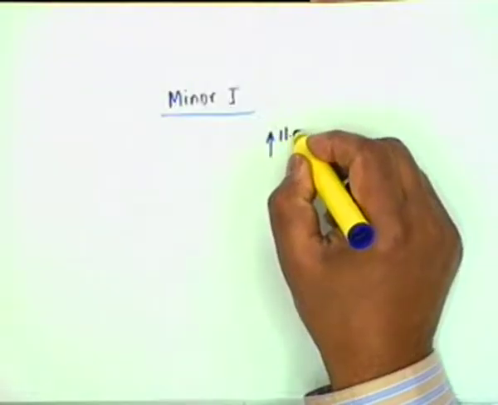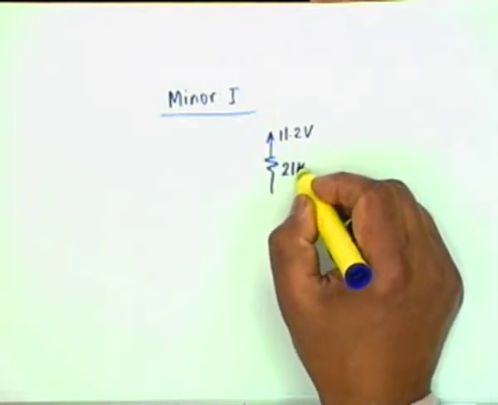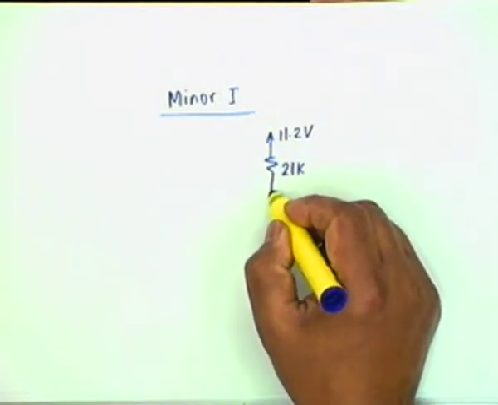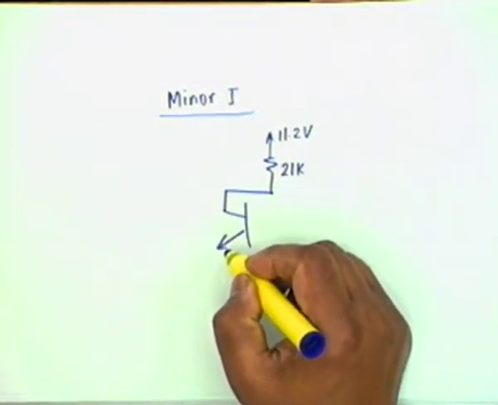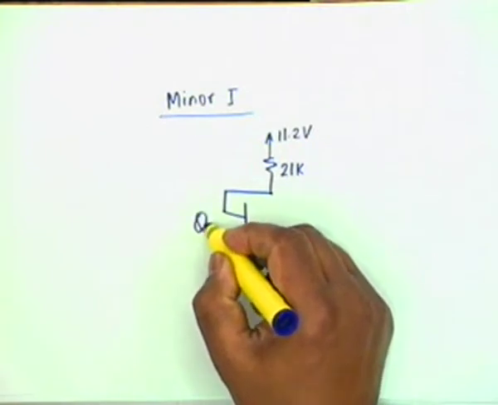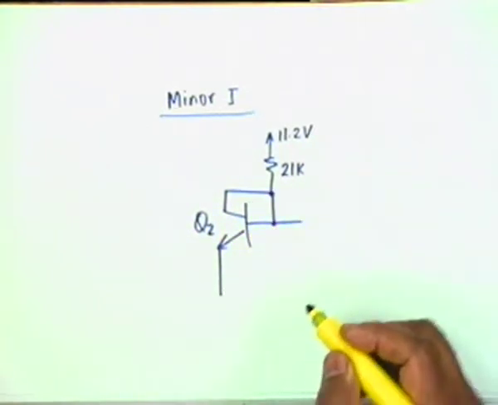Since the people who will be watching the film did not take minor 1, I have to repeat the question. Question 1 was: 11.2 volt, 21K. Then we have a current mirror, Q2, the base and collector are connected.